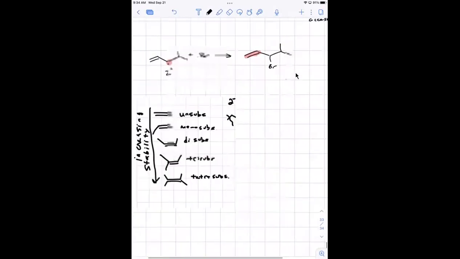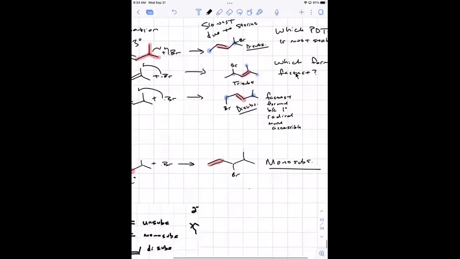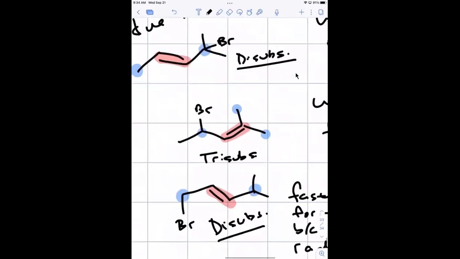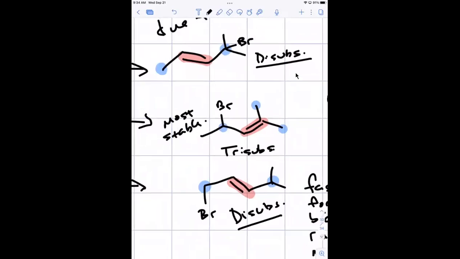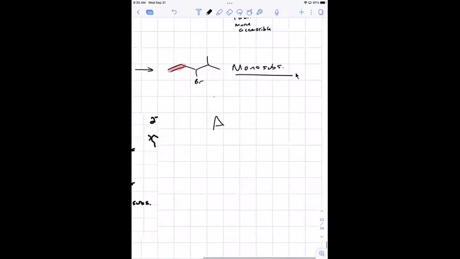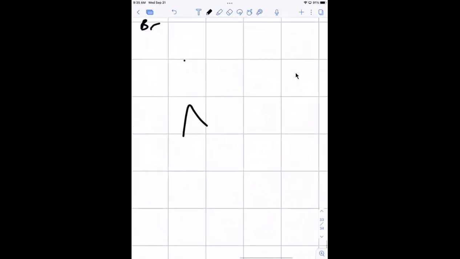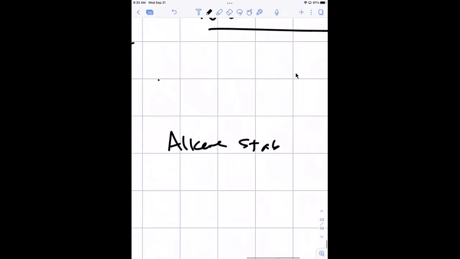So when we think about the stability of that alkene, the more substituted it is, the more stable it is, right? So the trisubstituted product is going to be the most stable. You think about it in a similar way to a carbocation.